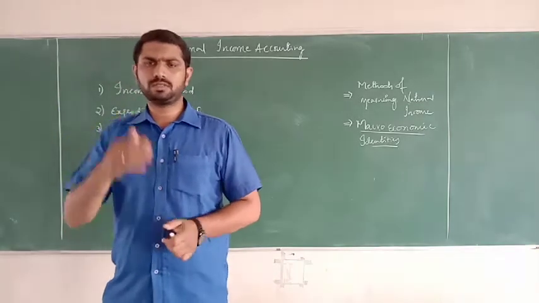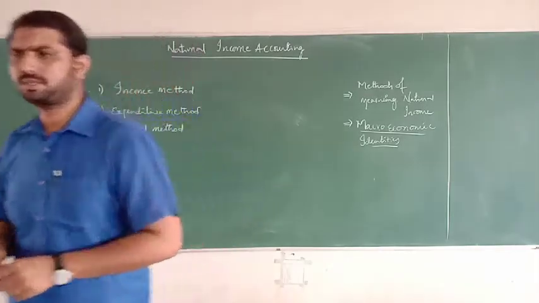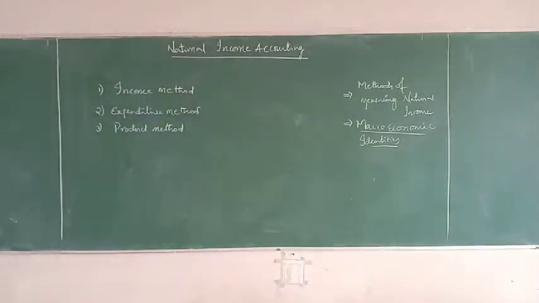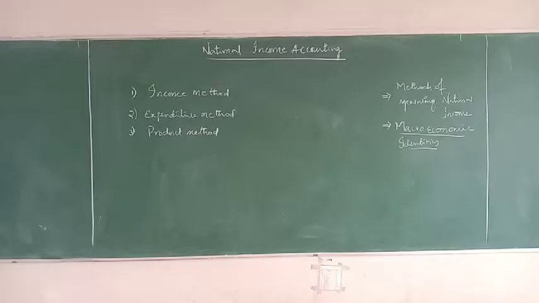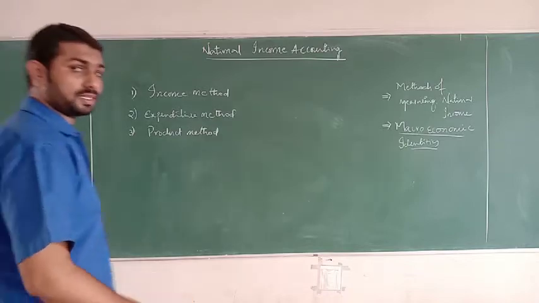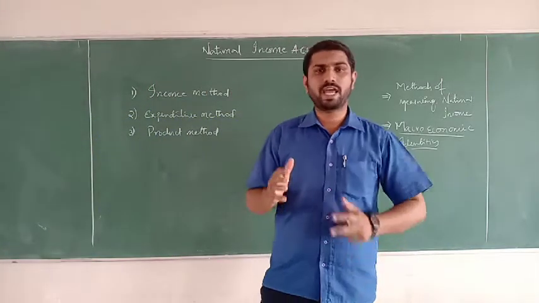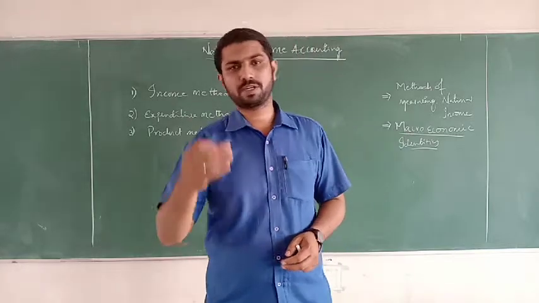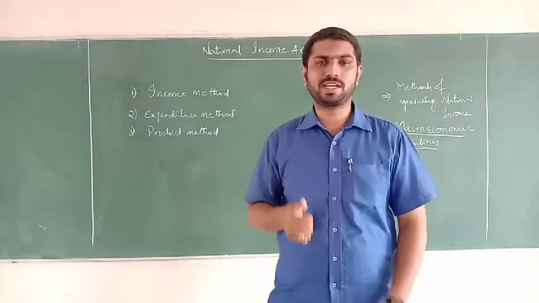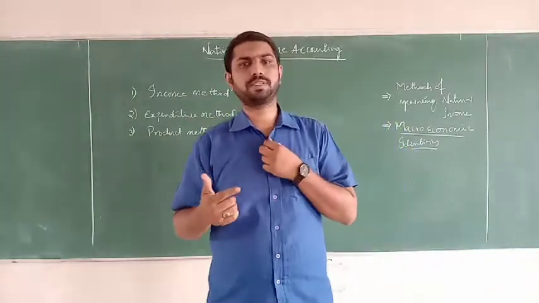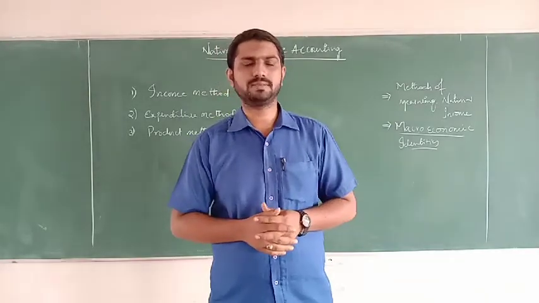So coming to all these three methods, there are three methods of calculating national income. Among the three, first one is the income method, second one is the expenditure method, third one is the product method.